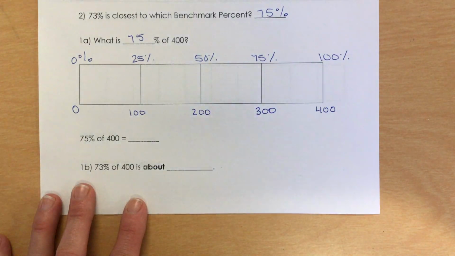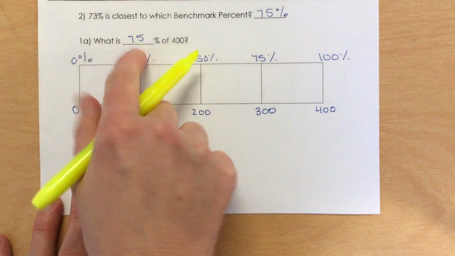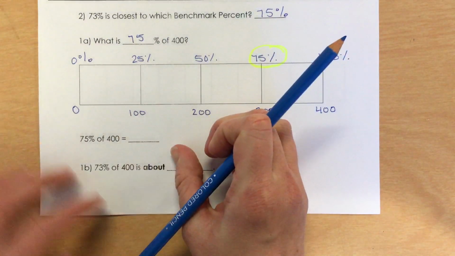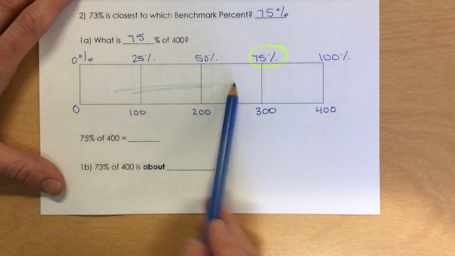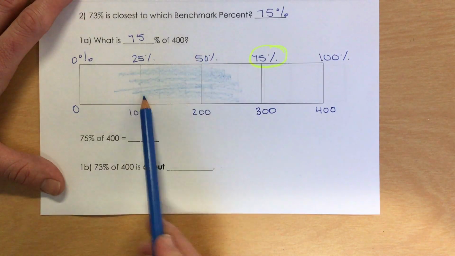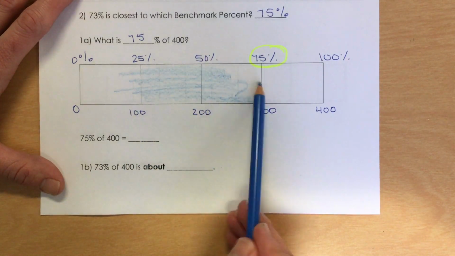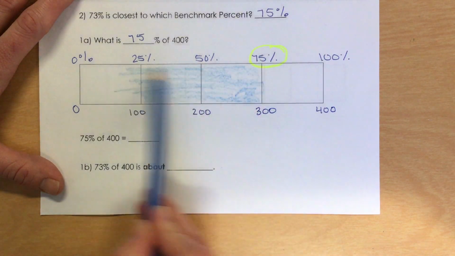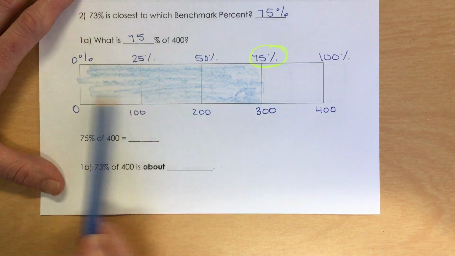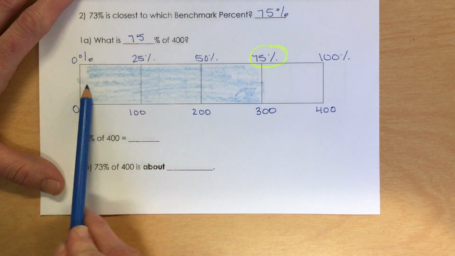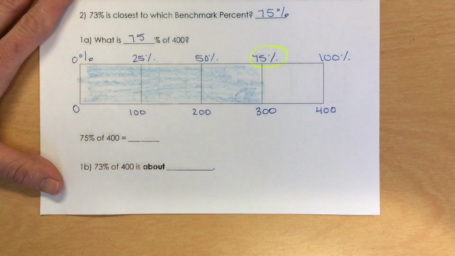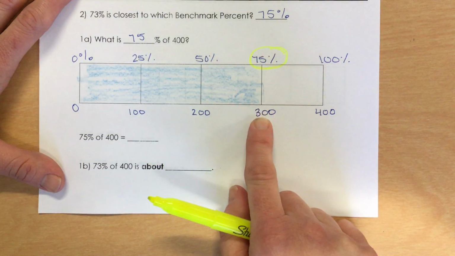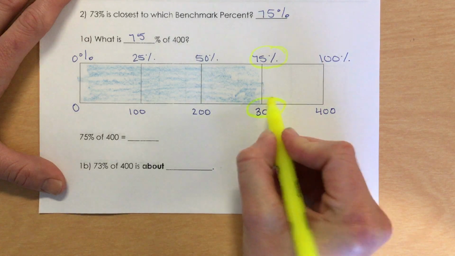Okay, and I want us to go ahead and circle what percent are we looking for. We're looking for 75%, so circle 75% on top. Okay. That means we're going to shade up to 75%. So we know 75% of 400 is 300.